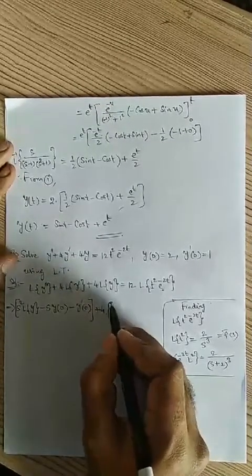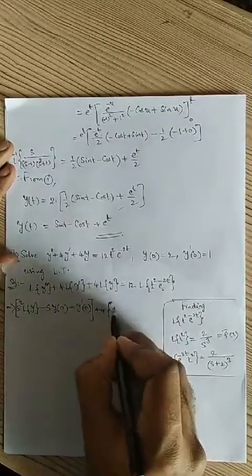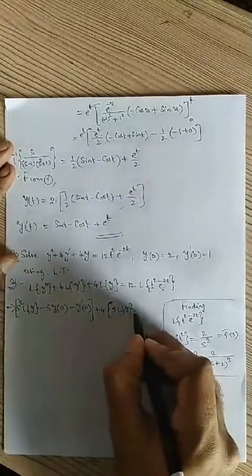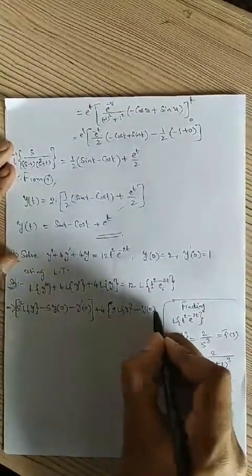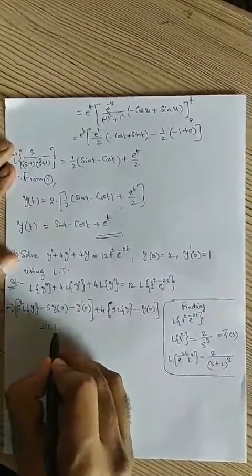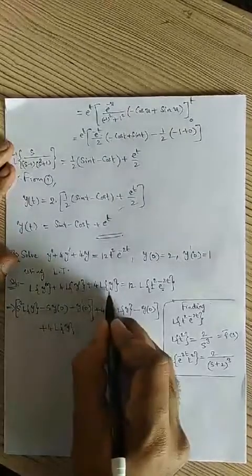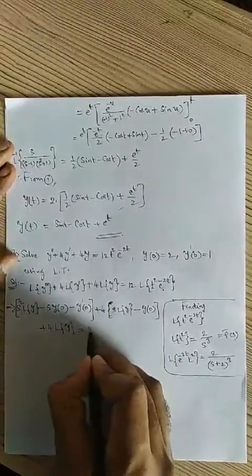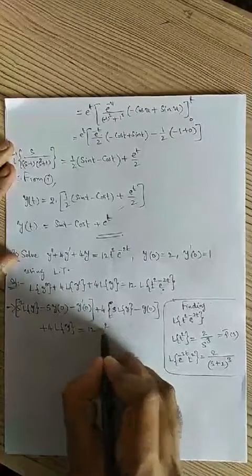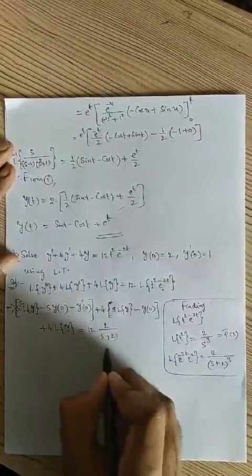Again you apply the Laplace transform of derivative formula, s into Laplace transform of y minus y of 0. Right? Up to this we have completed. Then plus 4 into Laplace transform of y equals to 12 into Laplace transform of this, which is given by 2 by s plus 2 whole cube.